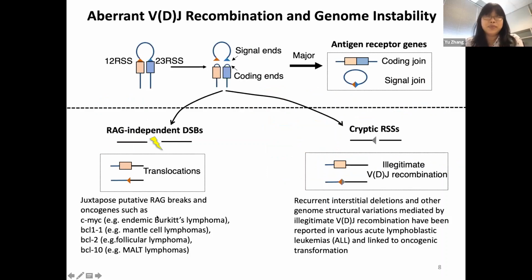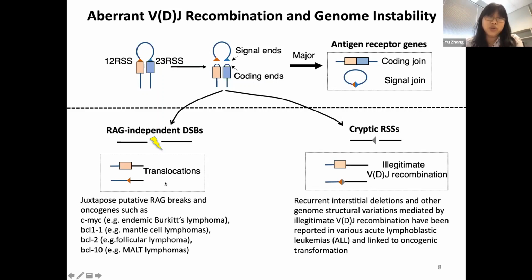Although the major outcome of V(D)J recombination is the proper assembly of the antigen receptor loci, a minor fraction can go awry. The double-strand breaks from V(D)J recombination can also join to RAG-independent breaks from other sources, such as oxidative damage or other enzymatic breaks in the genome.